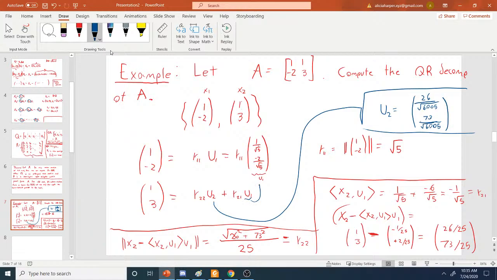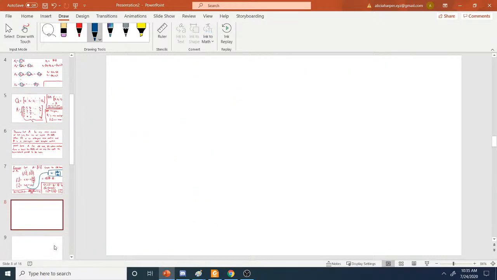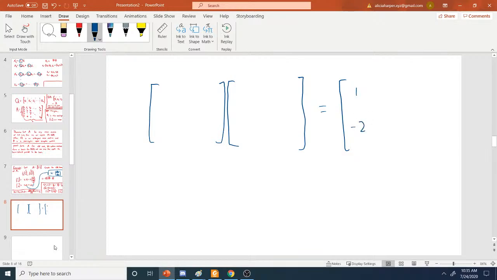So now I have all the data needed for my QR decomposition, and I can write it down. So I'm going to have my matrix Q, and then I'm going to have my matrix R, and the claim is that this should be equal to the matrix 1, -2, and 1, 3.